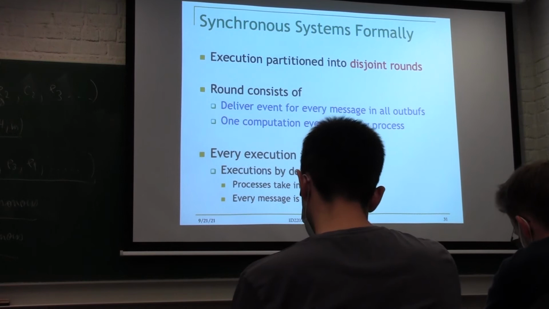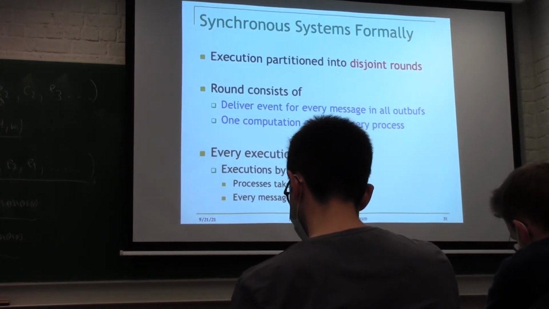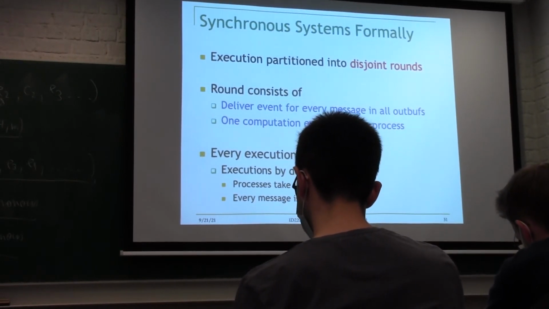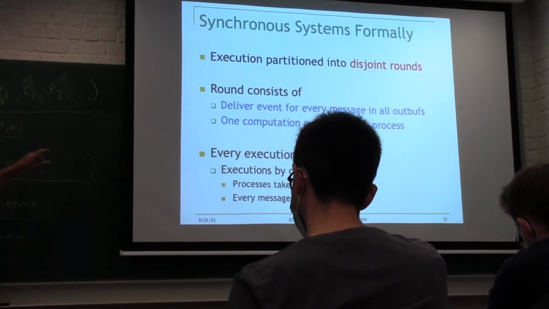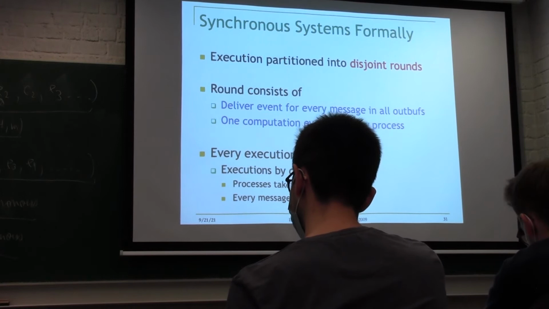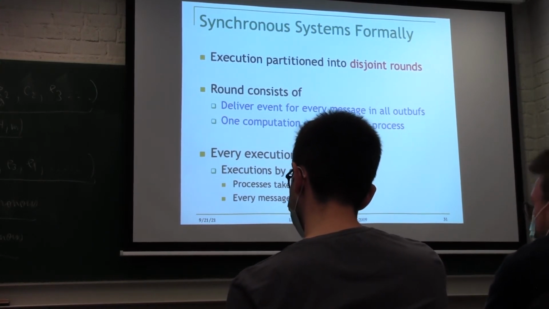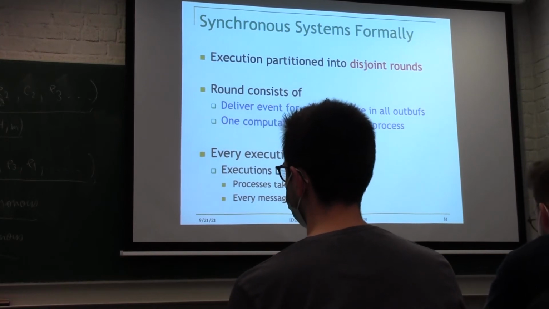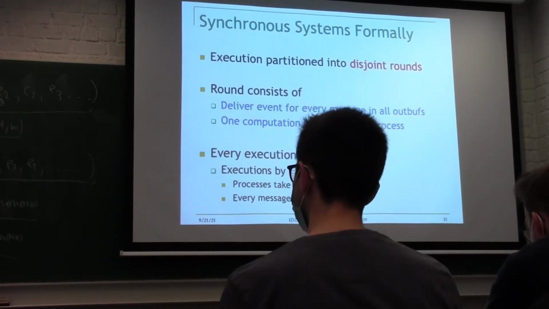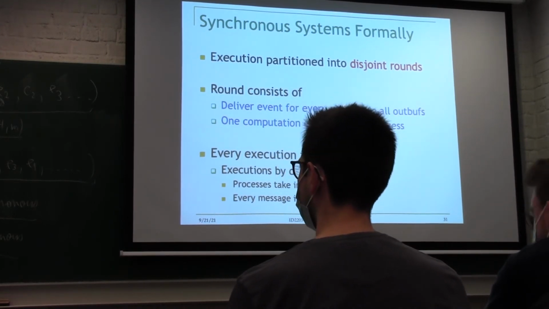So in the model, it's basically a constraint on the kinds of executions. The way to define a synchronous system is we start from this model, which is a very free model. The dels can happen anytime, and we add a constraint on it.